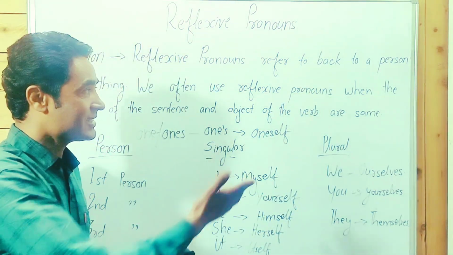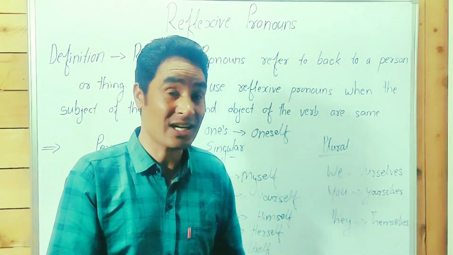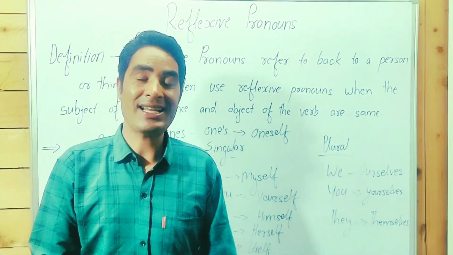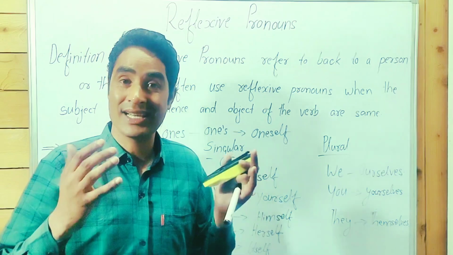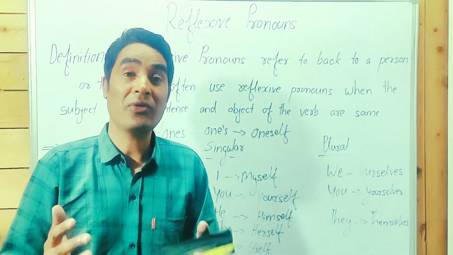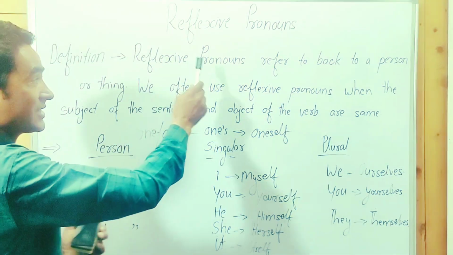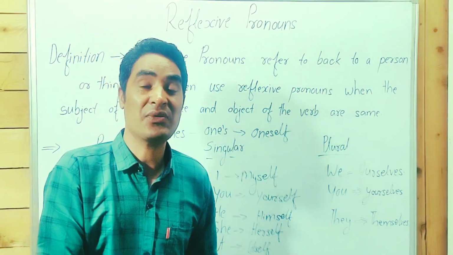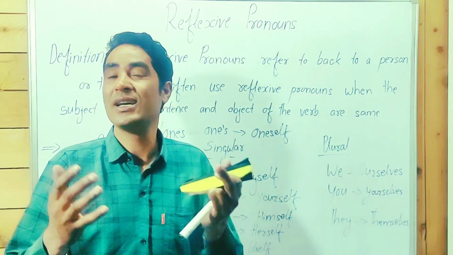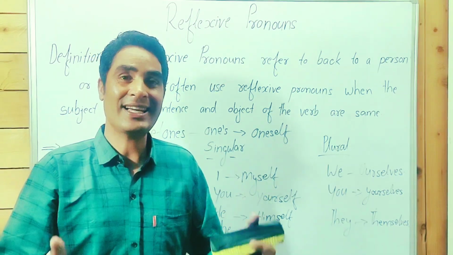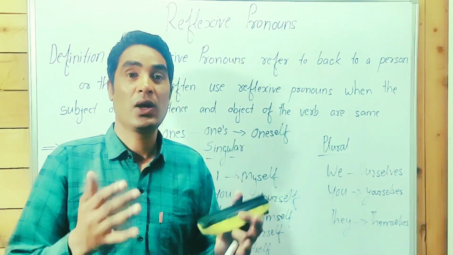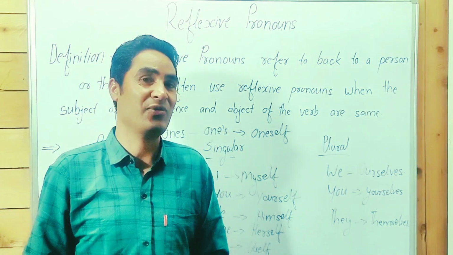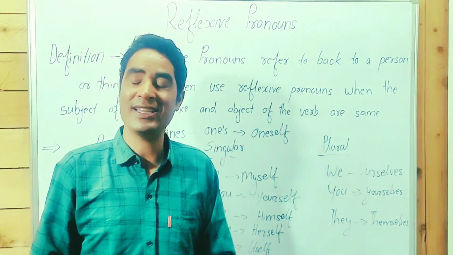First rule: use of reflexive pronoun when the subject of the sentence and the object of the verb are the same. In this case, we use reflexive pronoun. After that we will learn when we use reflexive pronouns and when we don't. Some verbs take reflexive pronouns, some verbs don't. We will learn each and everything in this video.